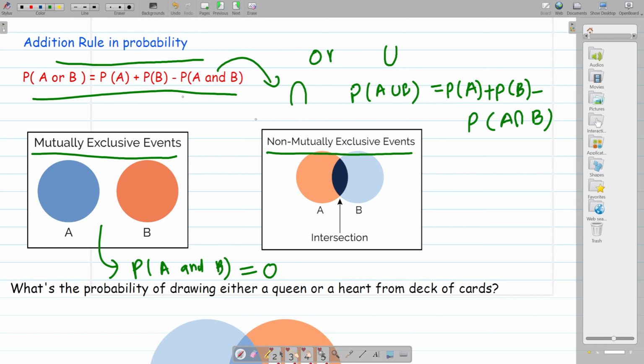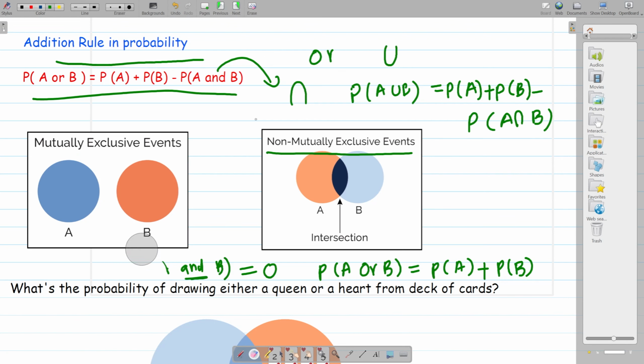Therefore, if you update the addition rule for mutually exclusive events, P(A or B) is equal to P(A) plus P(B). That is only because this term becomes 0. Okay, that is for mutually exclusive events.